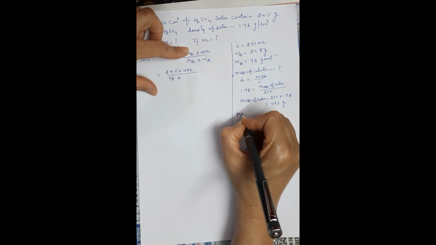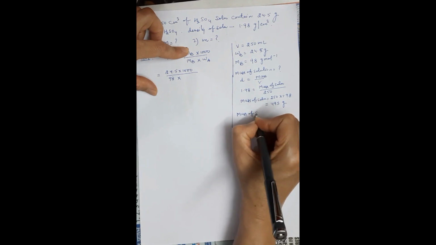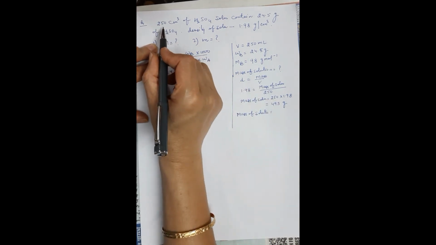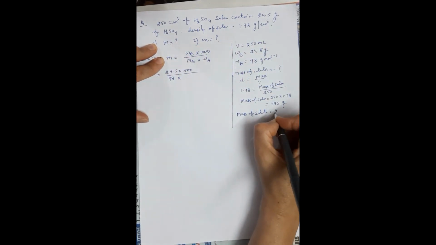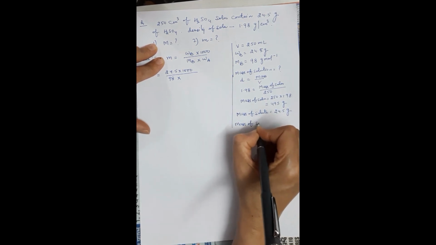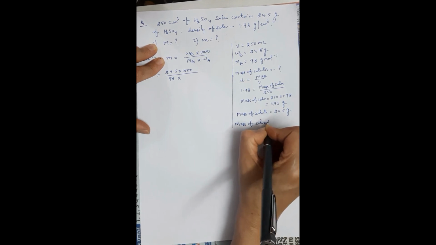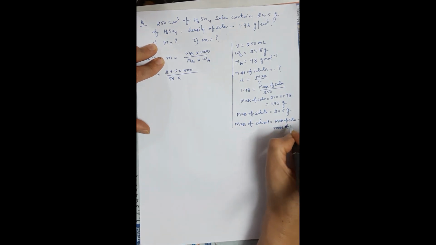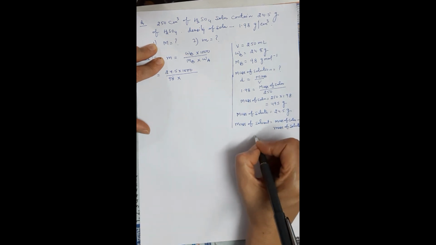What is mass of solute? Mass of solute is already given to you, which is 24.5 grams. What is mass of solvent? Mass of solvent is equal to mass of solution minus mass of solute.